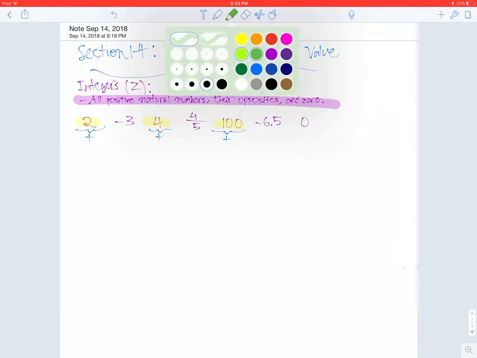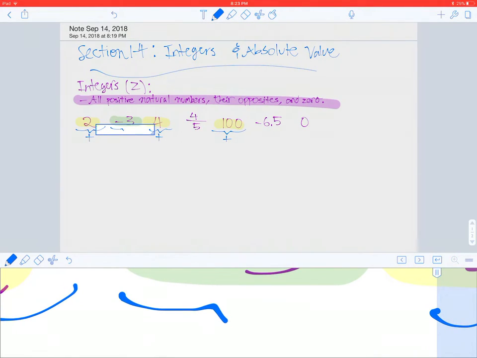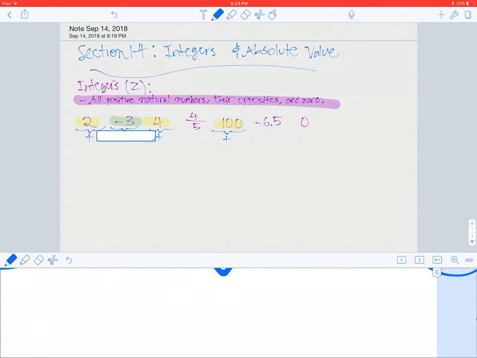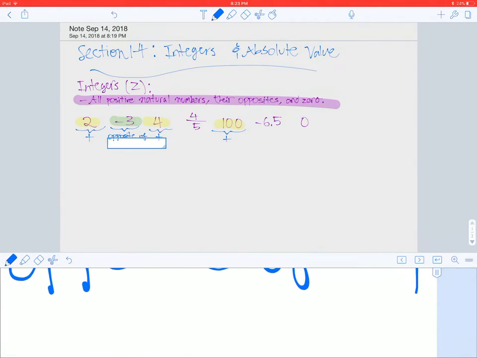Now, how about -3? -3 is an integer because it's the opposite of 3. And if it's the opposite of 3, which is a natural number, then it is an integer because it includes their opposites.